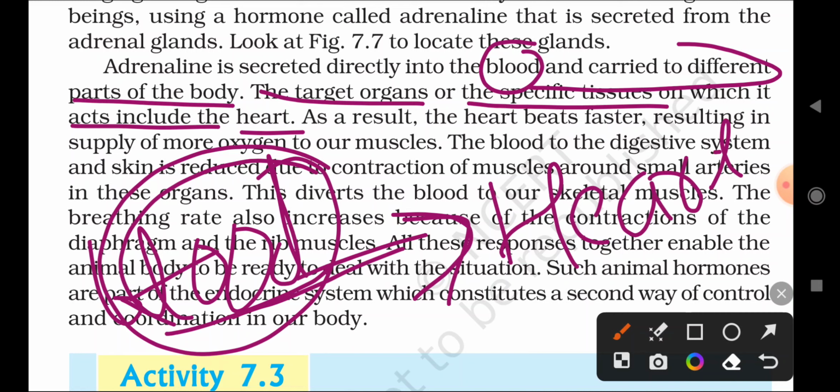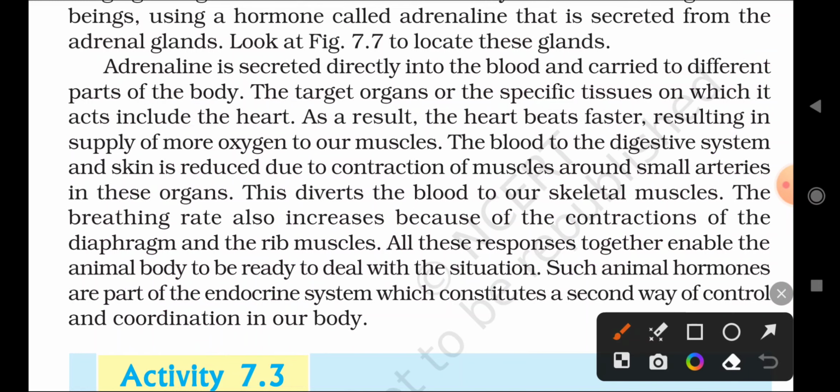This adrenal hormone acts on the heart. If the adrenal hormone is acting on the heart, the heartbeat will also increase. So when the adrenal hormone acts on the heart, the heartbeat becomes faster, resulting in the supply of more oxygen to our muscles.